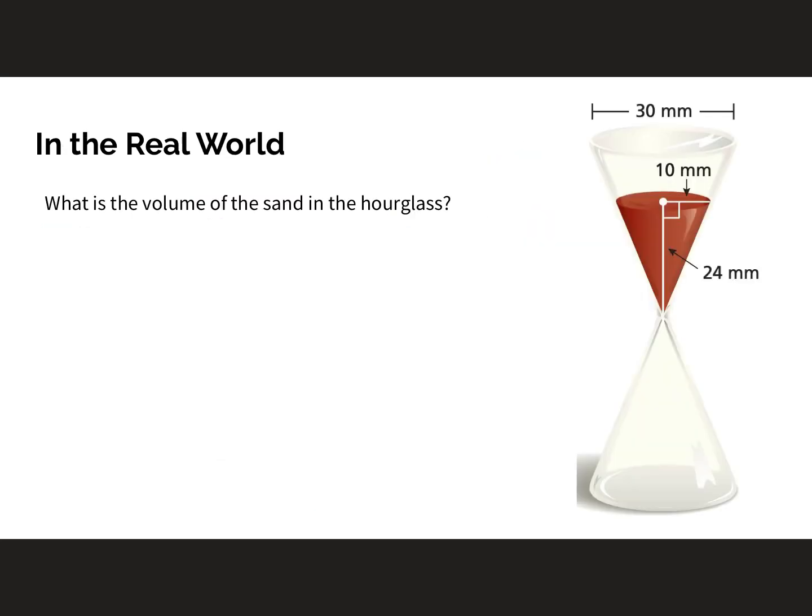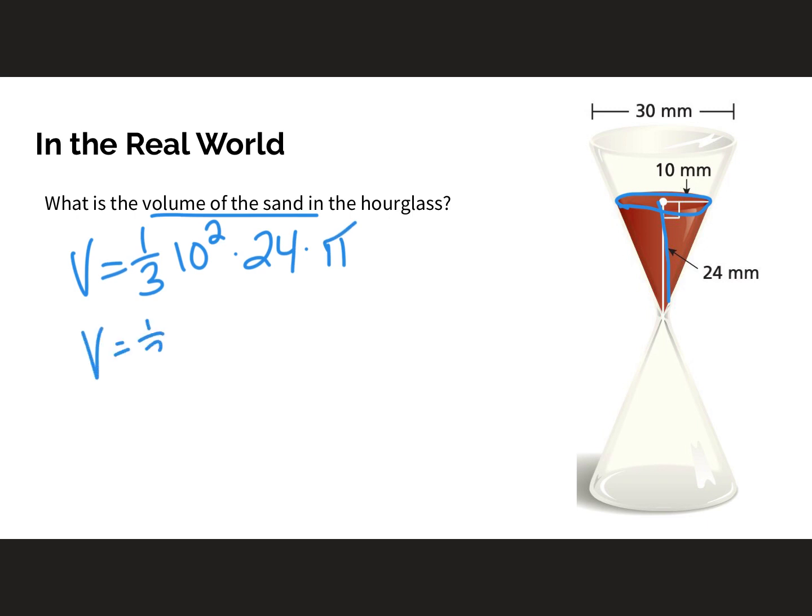Okay, now let's talk about how we can use this in the real world. What is the volume of sand in the hourglass? You can see that the top is a cone. I'm just looking for the volume of the top of the hourglass, so I'm only needing this information here. So my volume equals 1/3 of 10 squared times 24 times pi. So my volume equals 1/3 times 100 times 24 times pi.